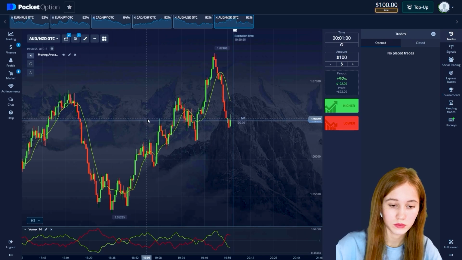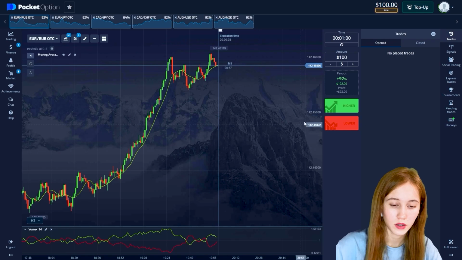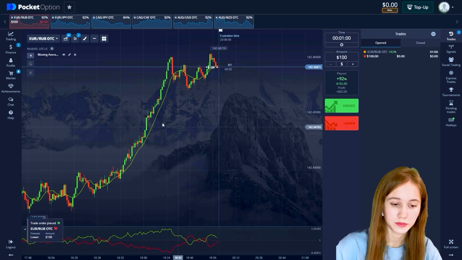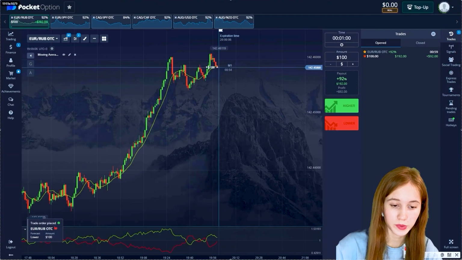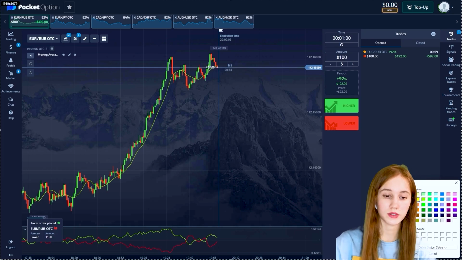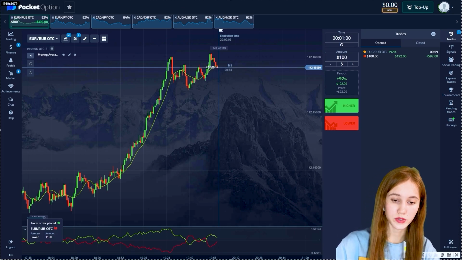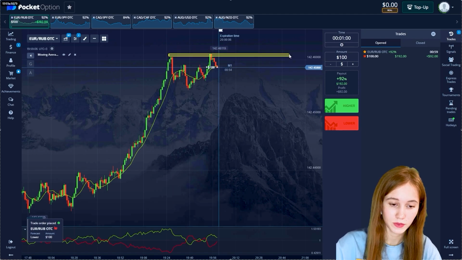So yeah, we start our trading session. So we are at the first concept bar, we open down, and we start our technical analysis. So what we see, we see support area and resistance area.